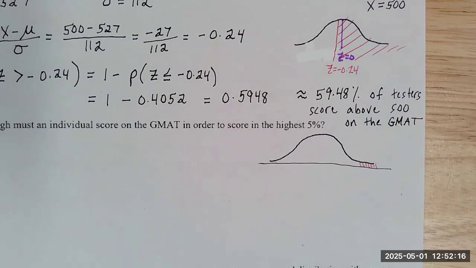So I said that that table tells us percents and stuff. But if I go find 5%, what am I actually going to find? This cute little tail over here. I don't want 5%. If I want the highest 5%, what am I really looking for? 95%. If I want the highest 5%, I need the z-score that corresponds to the probability 0.95.